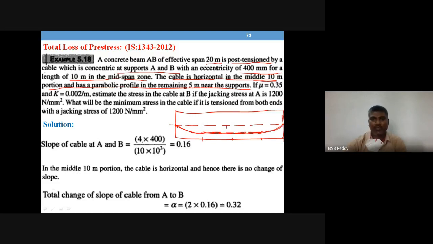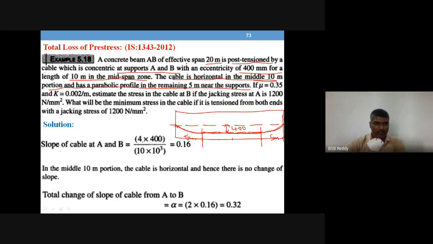So this is 400 eccentricity, right? It's 5 meters and 5 meters. 400 is the eccentricity, constant between these 2 points. 10 meters span, middle 10 meters.